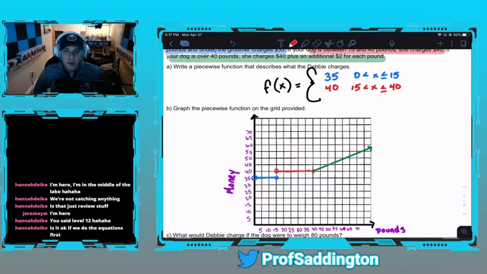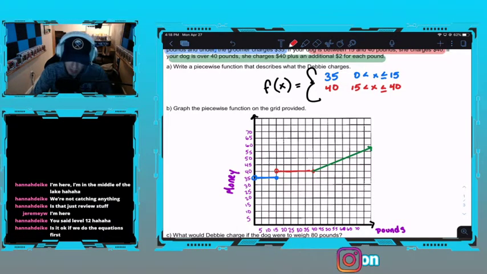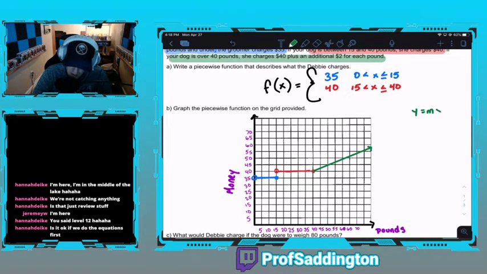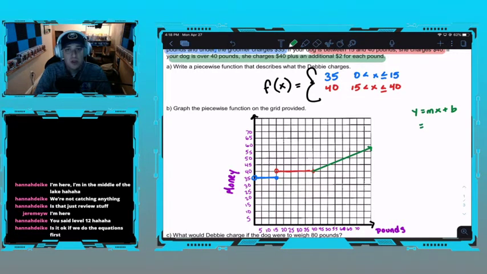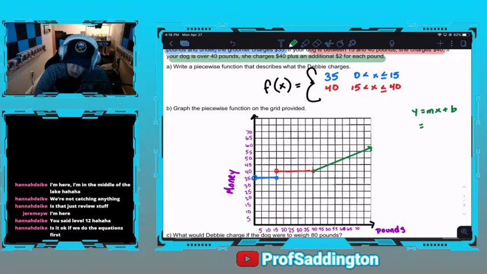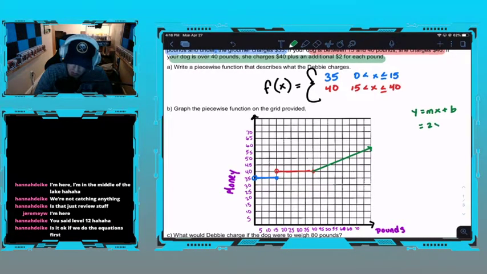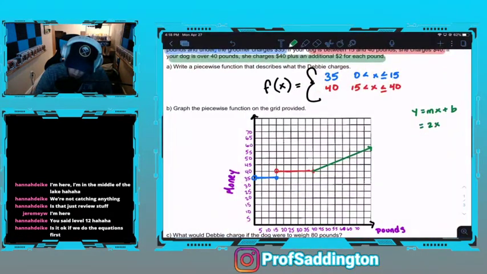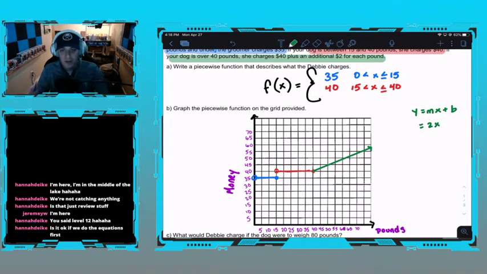The next one is a little tricky because you will need to find your y-intercept. And there's a very easy way to find the y-intercept as long as you guys remember the equation of a line. So this green line, we're working with y equals mx plus b. We already know what the slope is because it said that we're charging an extra $2 for every pound. So the slope is just 2x because we're going up 2 over 1, even though it's not really shown on that graph.